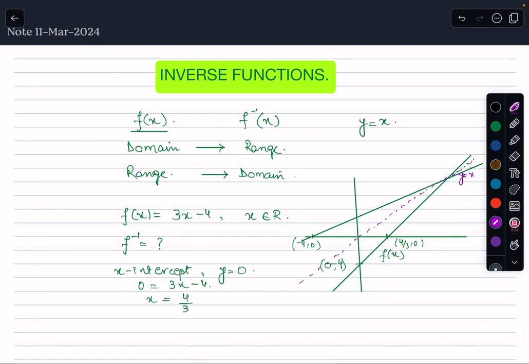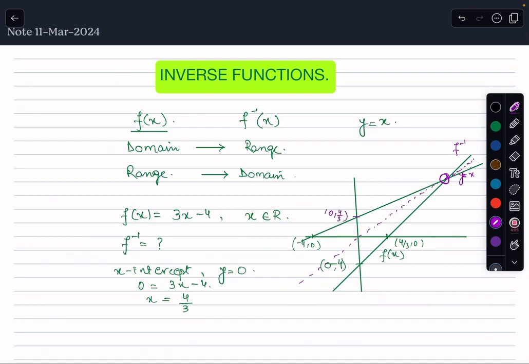This point where the line y equals x and the f inverse function intersect is the common intersection point, or the common relationship for the function and the inverse function itself. So 0 comma minus 4 for the function got reflected in y equals x, giving us negative 4 comma 0. The x-intercept 4 by 3 comma 0 gets reflected, and I can say that this is 0 comma 4 by 3.